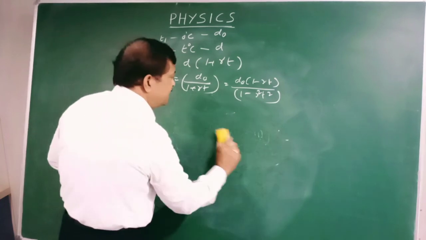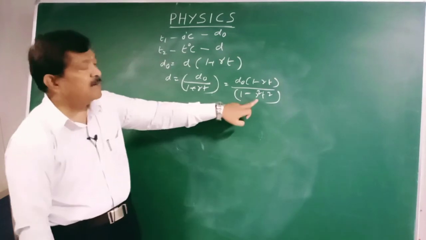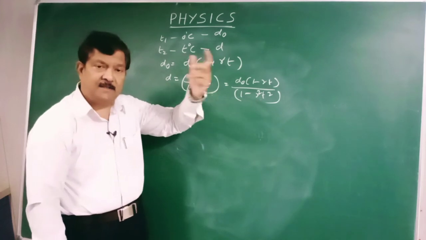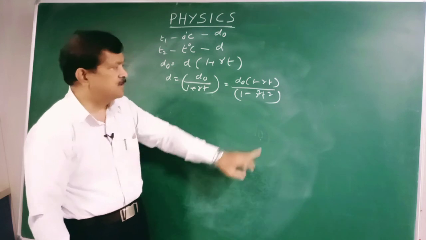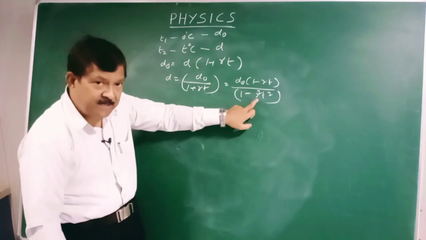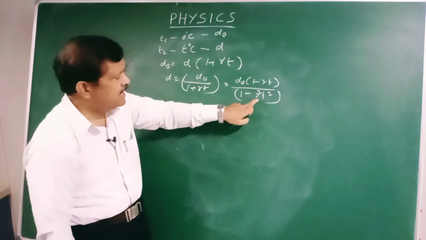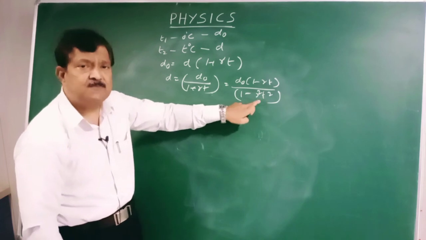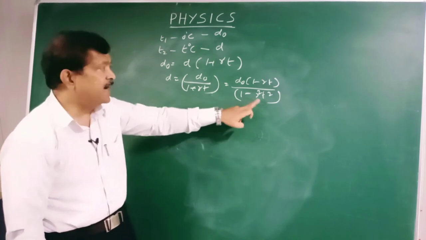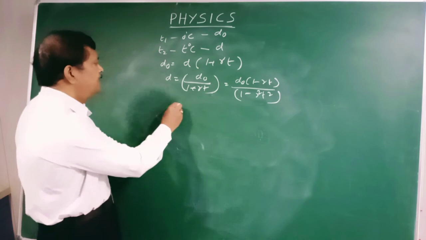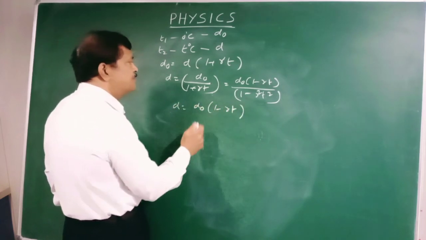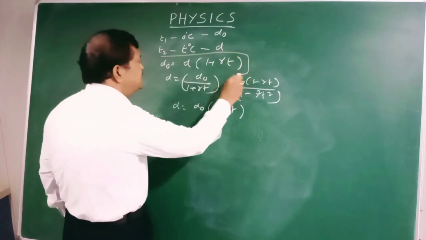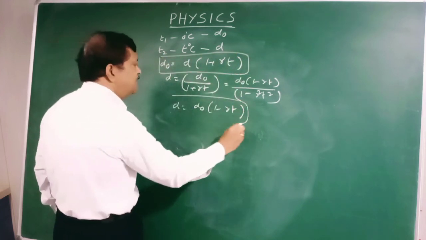Remember, in this equation we have the term γ². We know already all these α, β, γ values are of the order of 10 to the power minus 6, so this will be of 10 to the power minus 12. So this factor will be very, very small numerically, so that the small factor can be neglected. If we neglect this one, what we will have? D = D0 (1 − γ T).